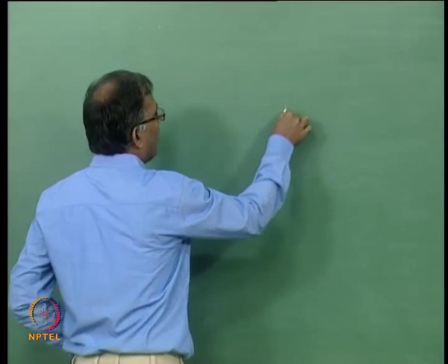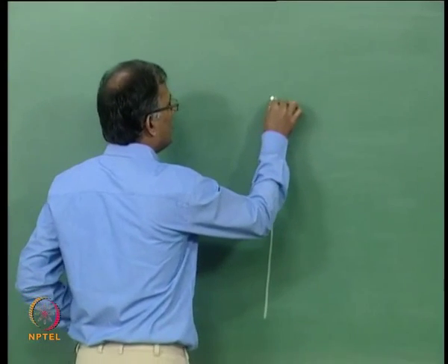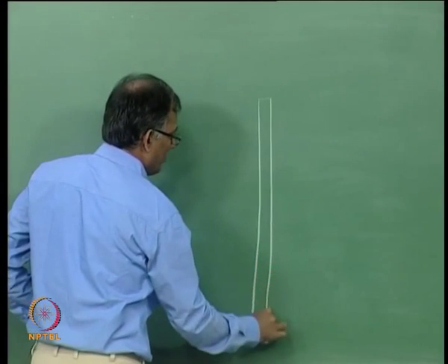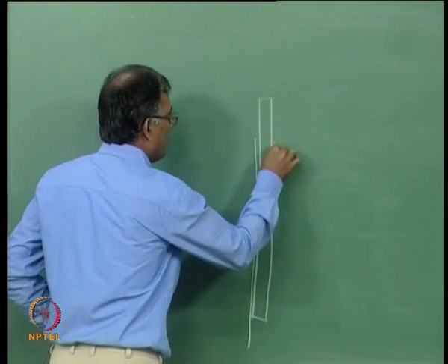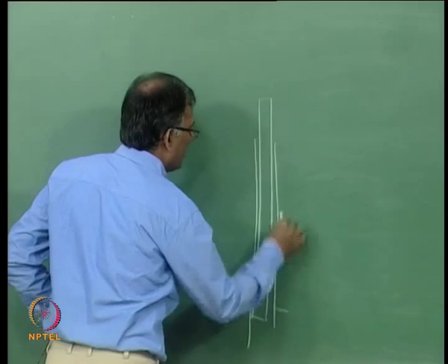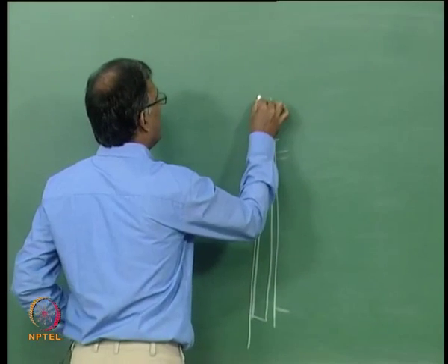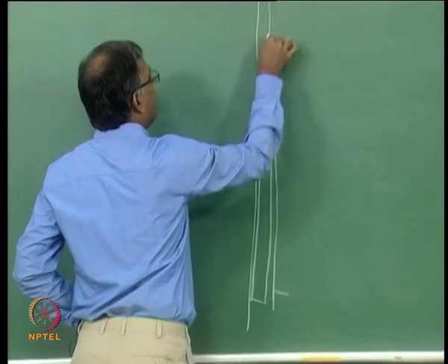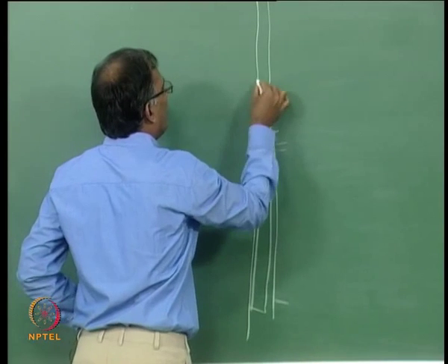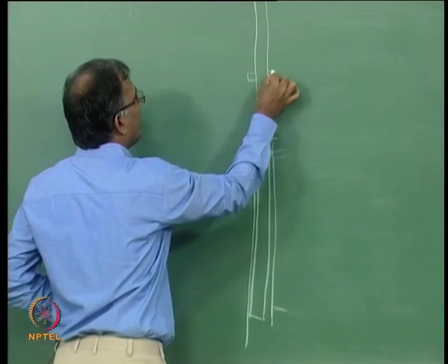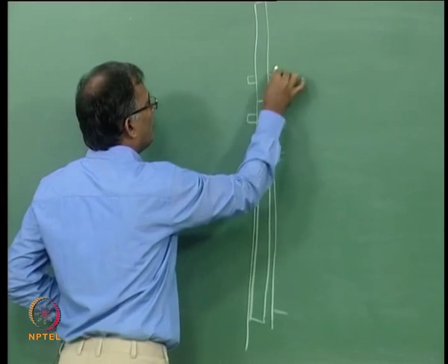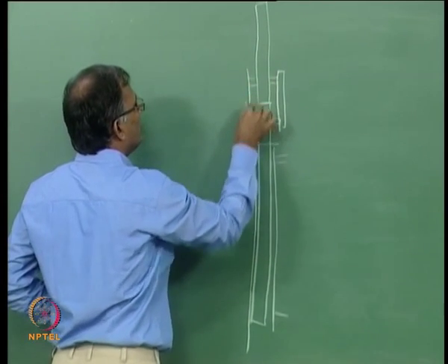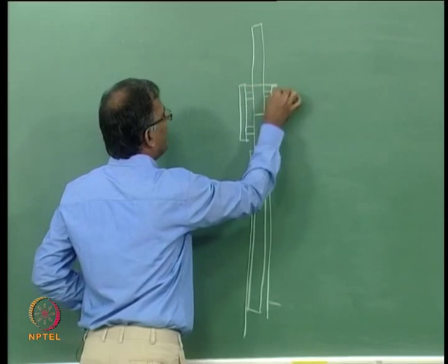So, if you have a pile like this, and that is your jacket leg, and then you place this pile, you will have hydraulic jacks attached to it. So, this is completely a system.